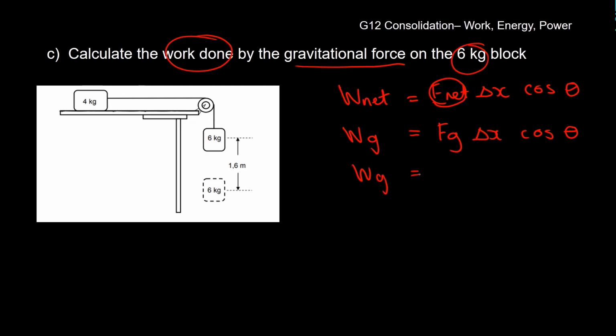Right, let's rewrite this. How do we find this force? Well, we know it's mass times the gravitational acceleration. What is the distance covered, or displacement? They've told us that it is 1.6. Cos theta. What about theta now? The movement is in this direction. The force of gravity is in this direction.